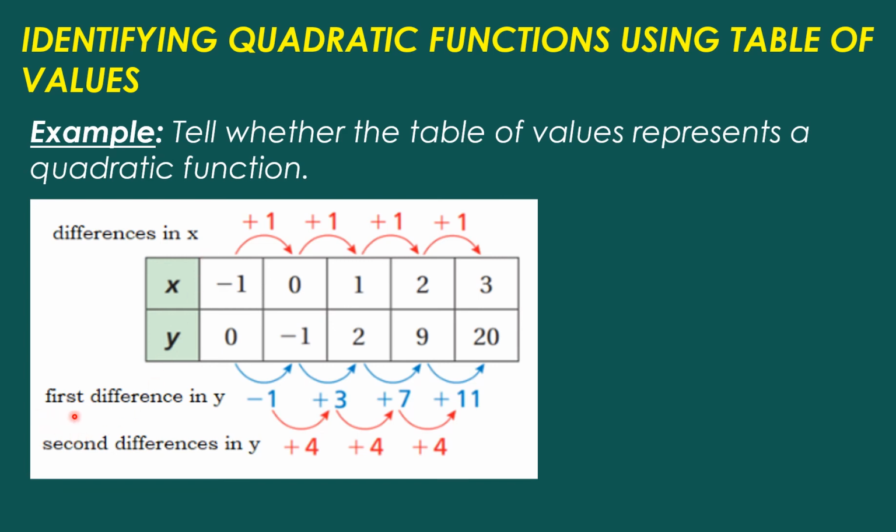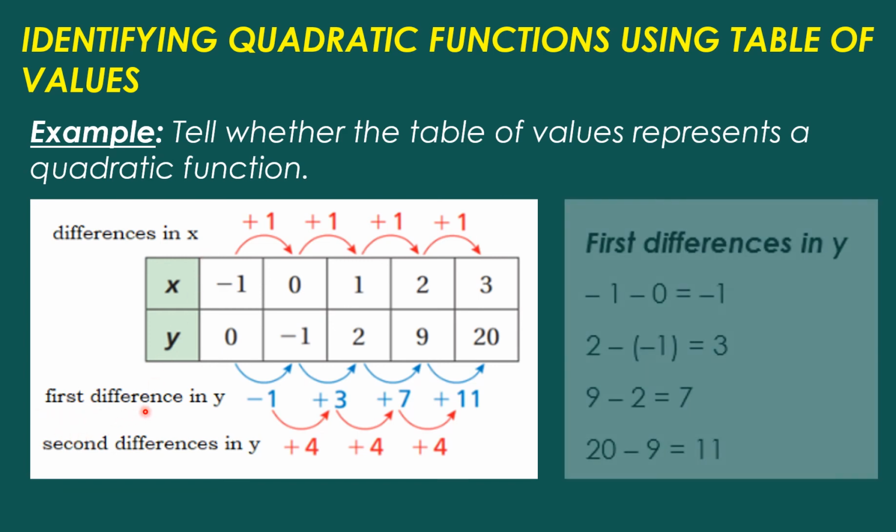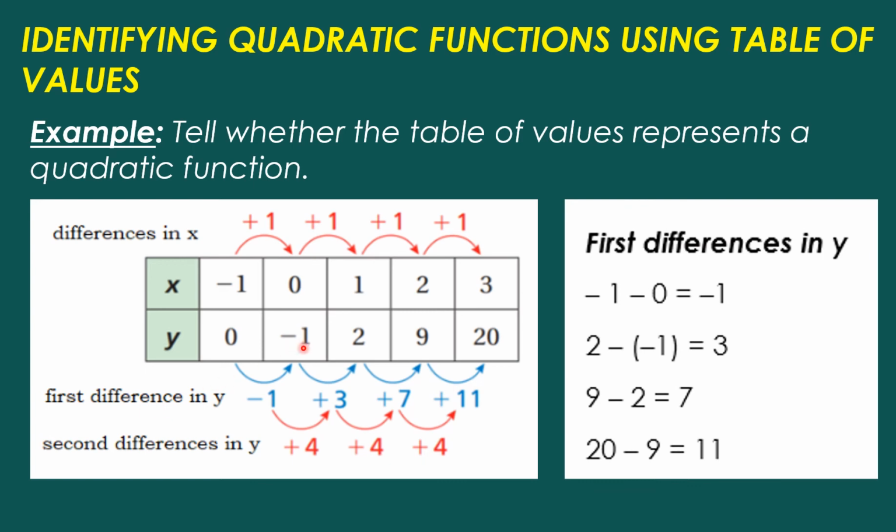Now, let us have the first difference in y. Negative 1 minus 0 is negative 1. 2 minus negative 1 is 3. 9 minus 2 is 7. And 20 minus 9 is 11.